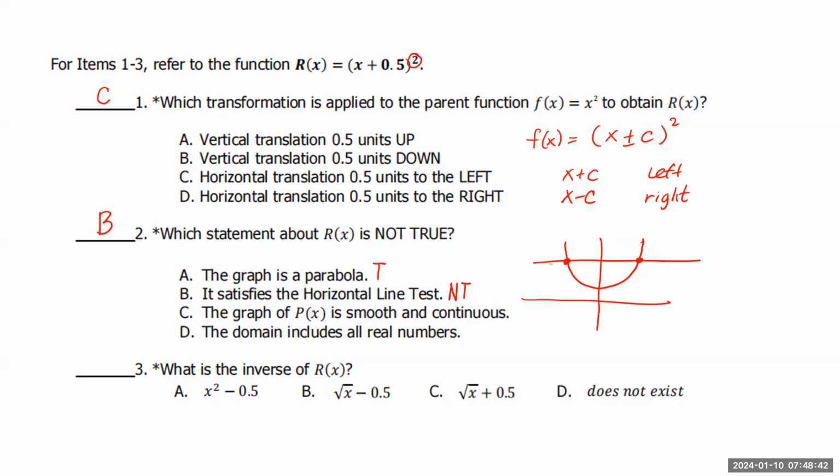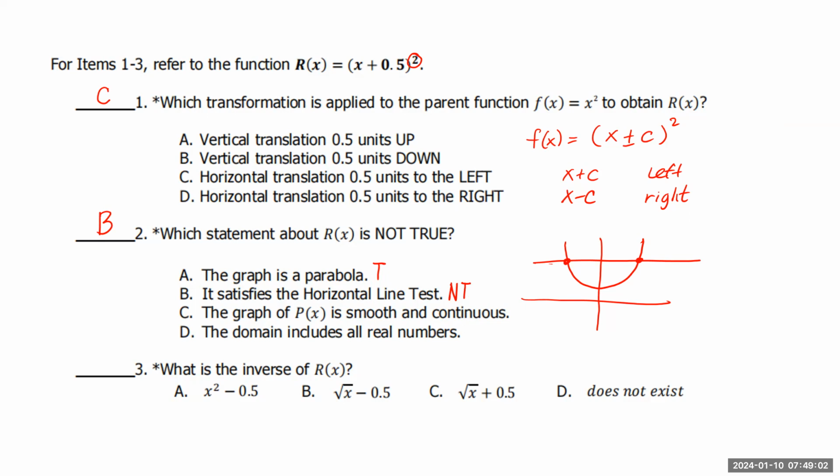Next one, number 3, what is the inverse of r of x? So before we solve this, let us first determine if r of x is 1 to 1. Because if it is not 1 to 1, then we do not need to find the inverse. Okay?